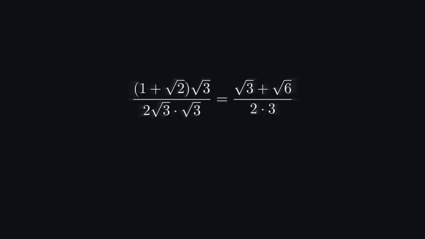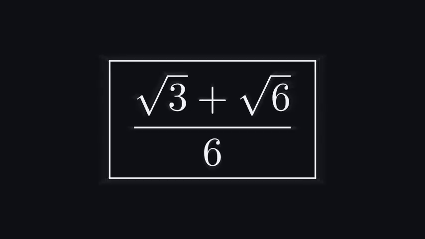So we get the square root of 3 plus the square root of 6 over 6. Therefore, the simplified answer is the square root of 3 plus the square root of 6 over 6.